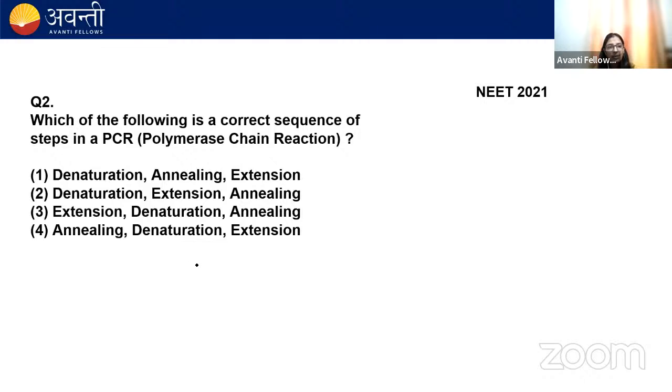Moving next, which of the following is the correct sequence of steps in PCR, which is polymerase chain reaction? It's very easy. Quickly answer everybody what you think, what will be the correct option. Sushant asking about the correct sequence. Just now I explained the PCR.